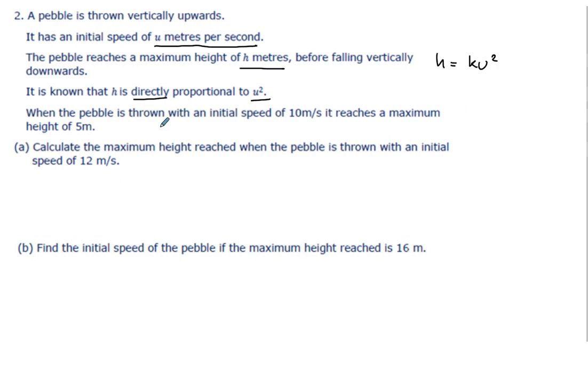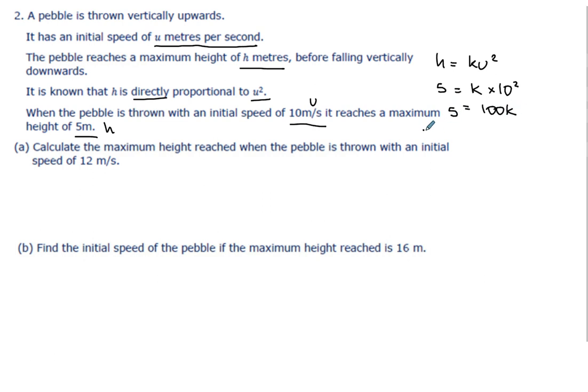When the pebble is thrown with an initial speed of 10 meters per second, so that is u, it reaches a maximum height of 5 meters, which is the h. So let's go find k. We've got 5 equals k times 10 squared, which is 100k.